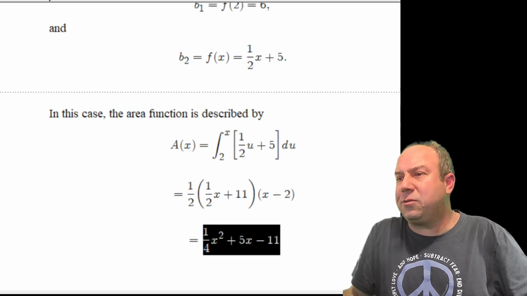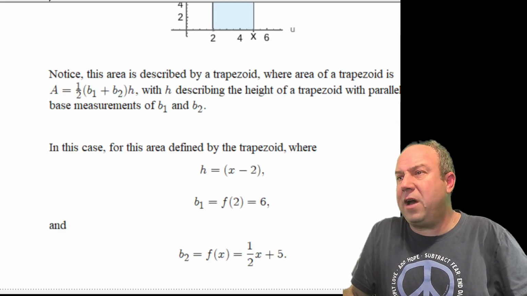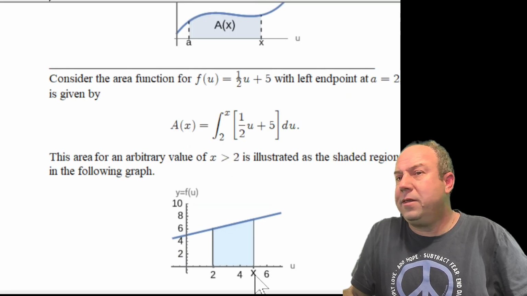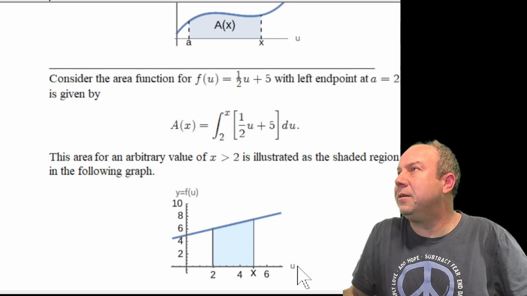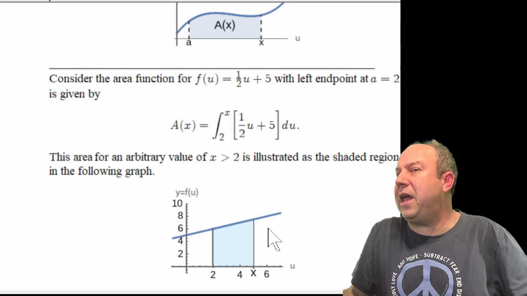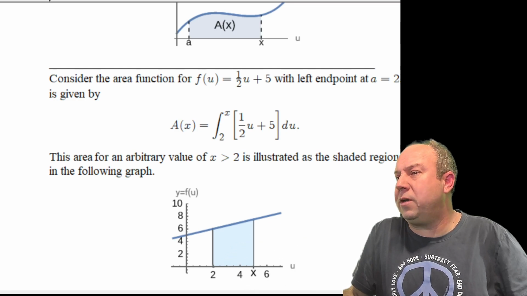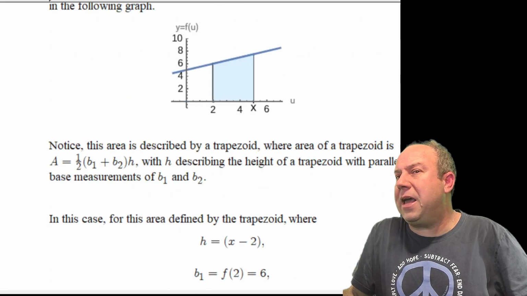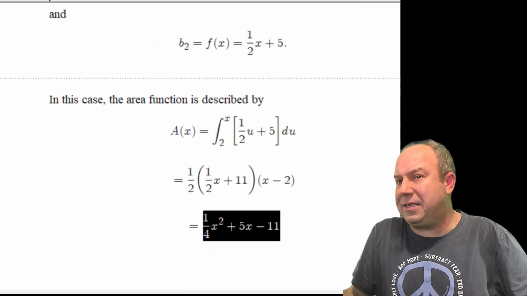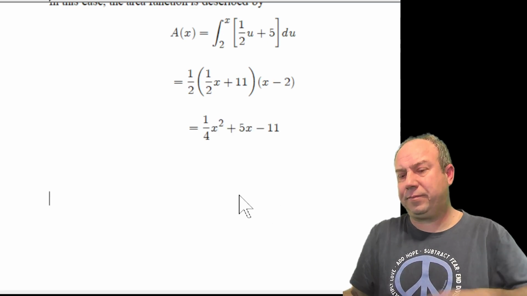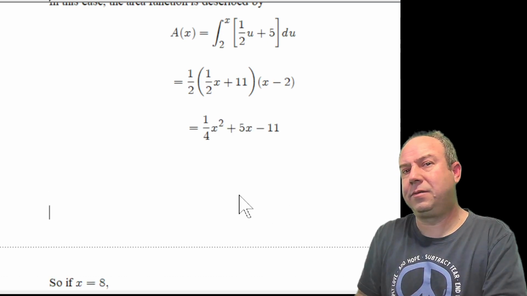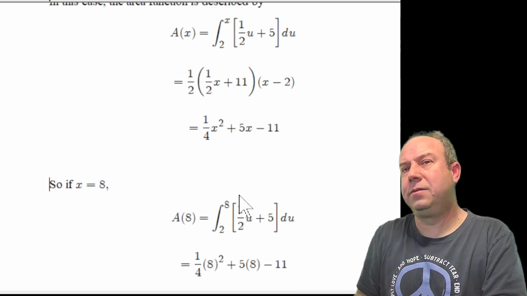So let's look at a case. What if x was 8? What if I move this location to x down here so it's at 8? What would be the area trapped in this trapezoid? Well, that would be given by A of 8. Right?